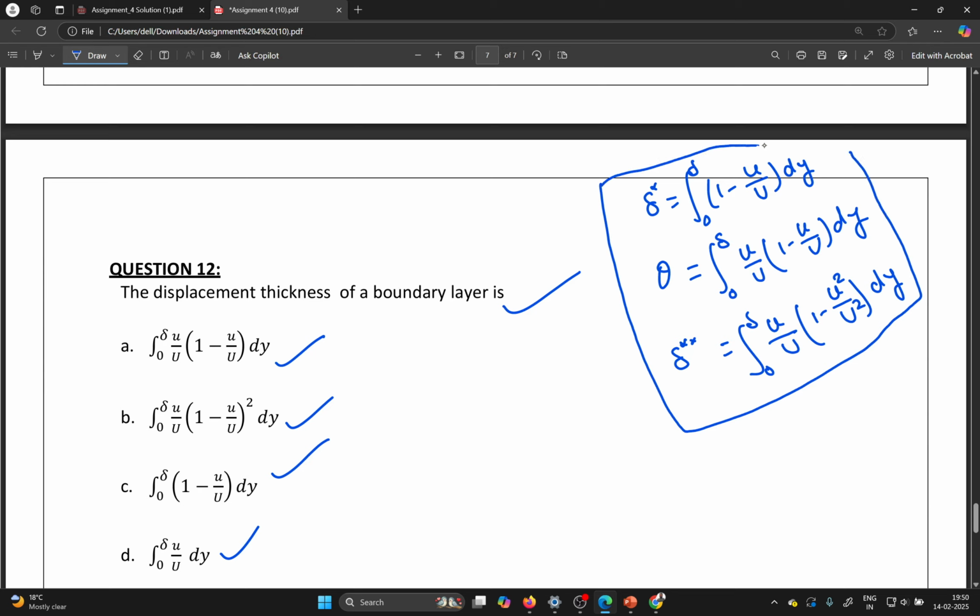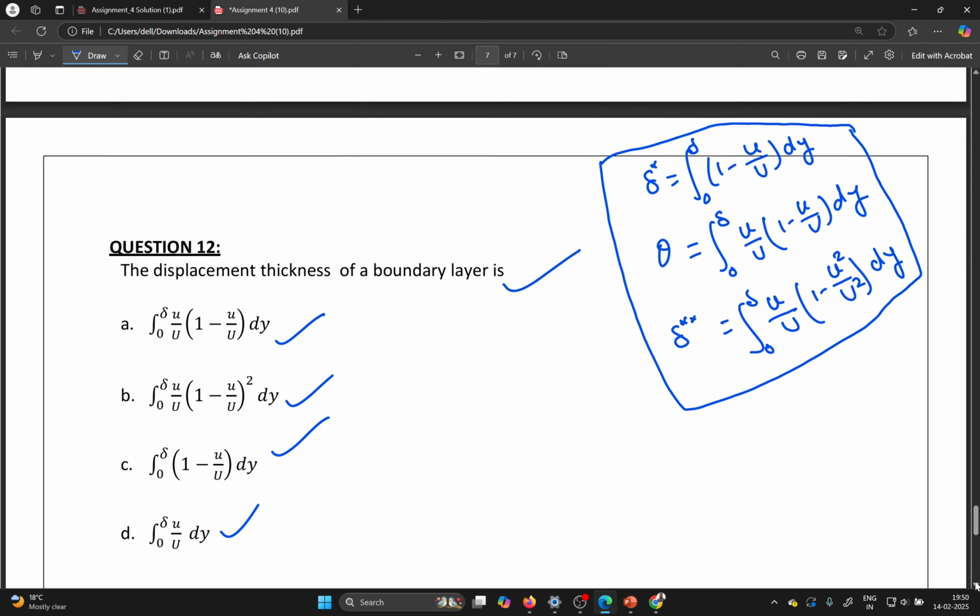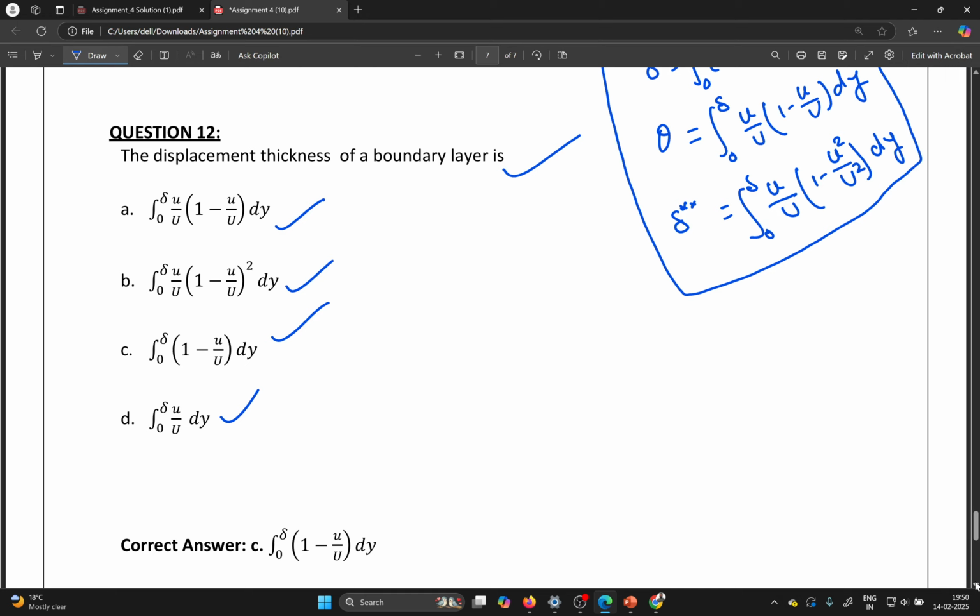This is the formula for all three. Now what is displacement thickness? For this, obviously option C will be correct.